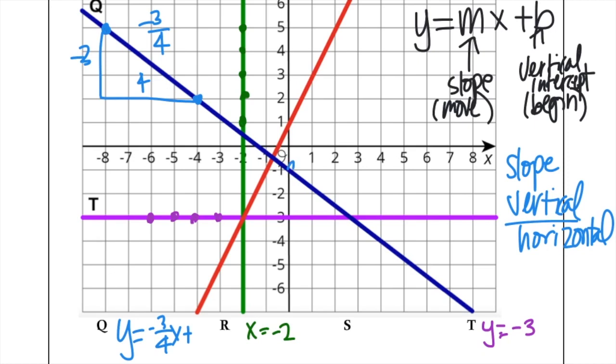So my y, or vertical intercept, the place where my line crosses the y-axis, is at the y value -1. So the equation for the line is y equals -3/4 x plus -1. So this is where we get the 3/4, the slope triangle. This is where we get the -1, the y-intercept.